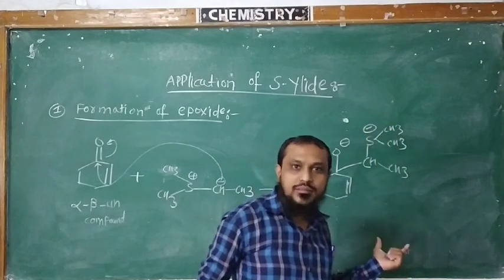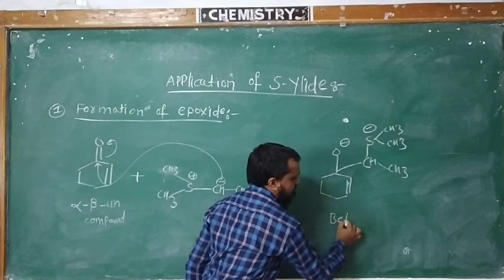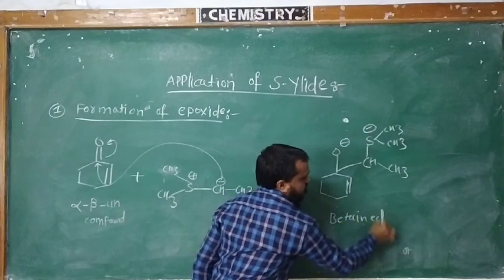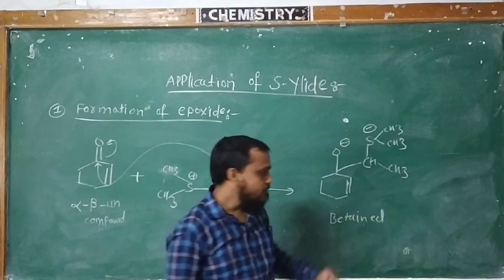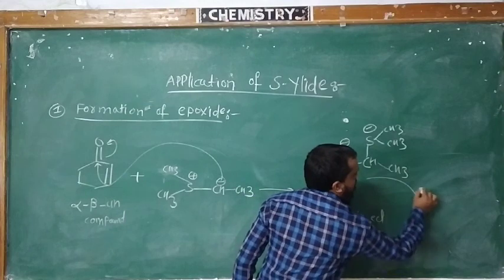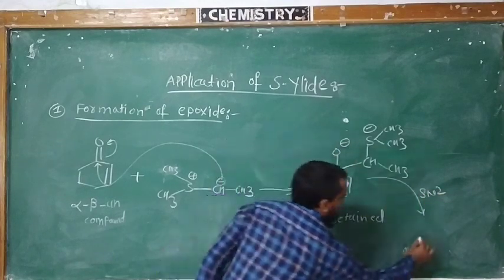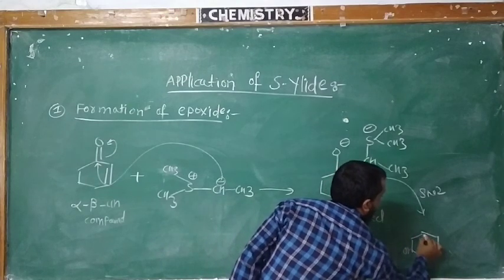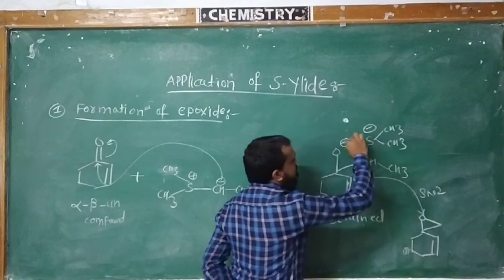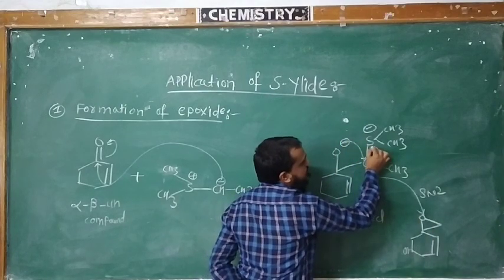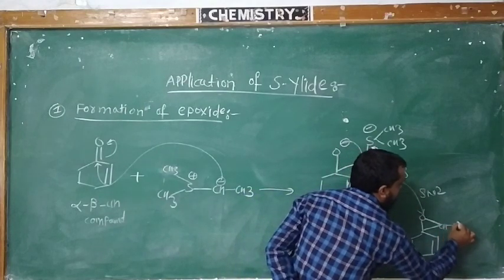This is the first intermediate, called the betaine intermediate, and this intermediate undergoes an SN2 type reaction and forms the epoxide product. This negative charge attacks this carbon atom, and simultaneously dimethyl sulfide will be removed and form epoxide.